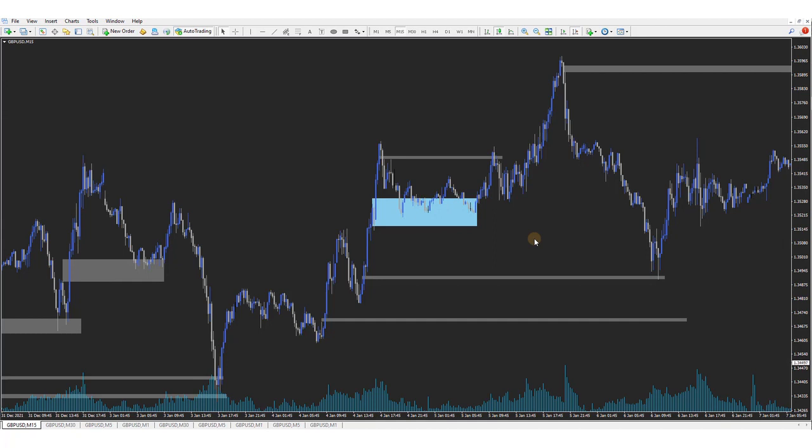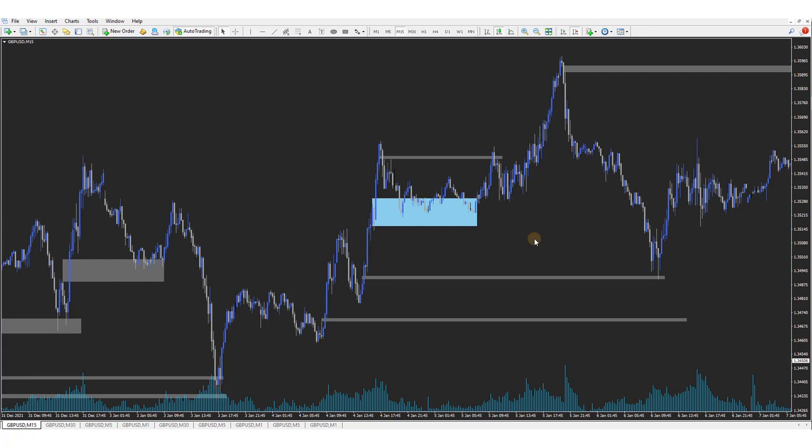Yes, we have the key levels, also support and resistance, we have supply and demand, and the imbalance is like the last thing I would draw on my charts.